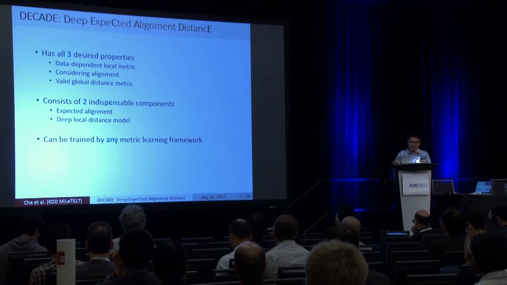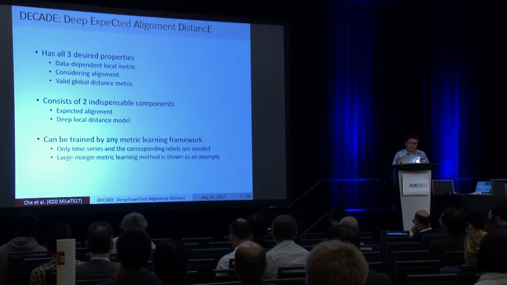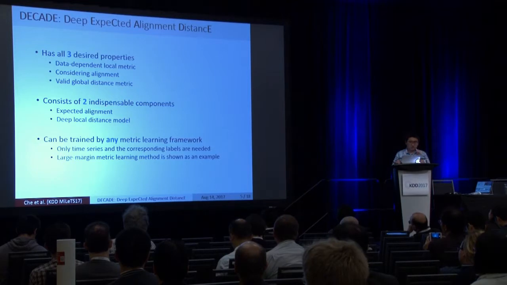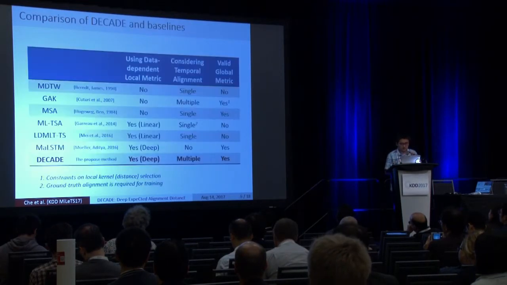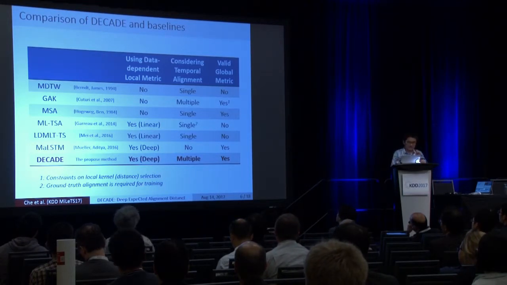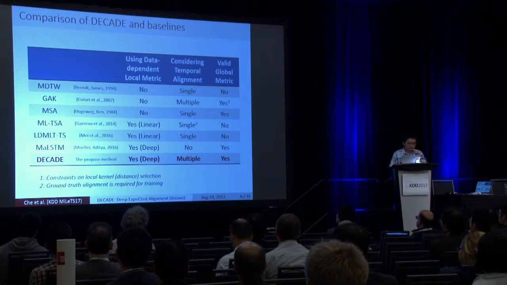It can be trained by any metric learning framework, given the time series and its labels. And here, we will use the large margin metric learning method as an example to show the effectiveness of our model. So here is just to remind that DECADE is one model that can satisfy all these three properties.